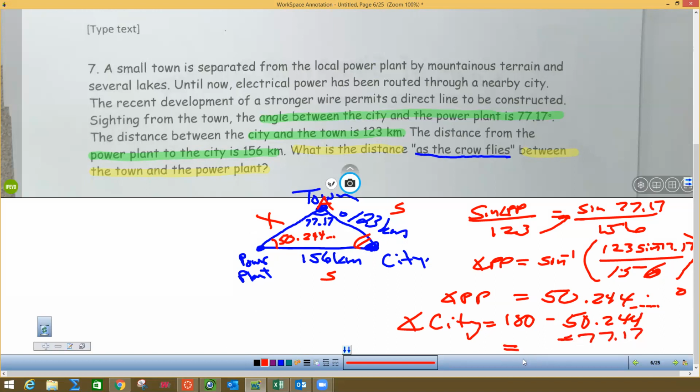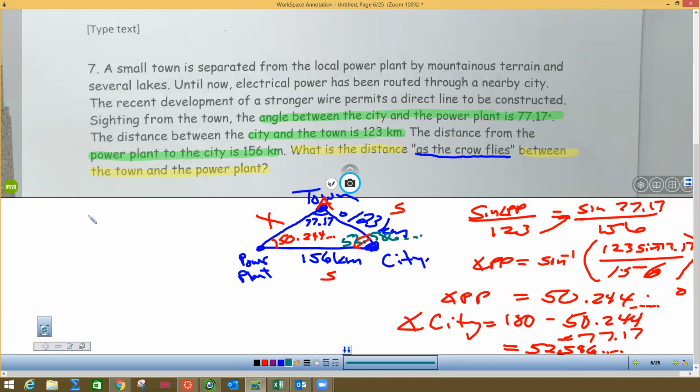Will someone tell me what the city angle is in decimal degrees? 52.586 degrees. Anybody else get the same thing? 52.586. All right, so that's this angle, 52.586.